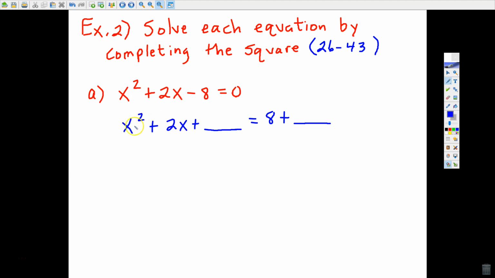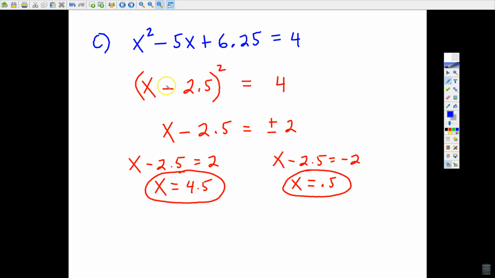And it will create a perfect square trinomial on the left side of this equation, so we can go back to doing what we did before. We can use the square root property. Okay, so here's how you're going to come up with that missing number that we say is the number that completes the square. Do you remember what the factoring of a perfect square trinomial always looks like?